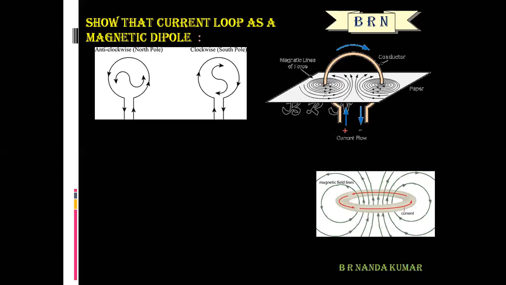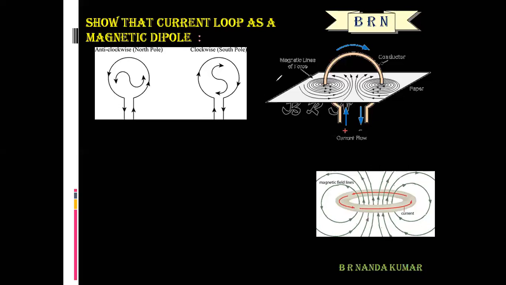That means the current loop has two poles separated by a very small distance. Hence, the current loop behaves like a magnetic dipole.